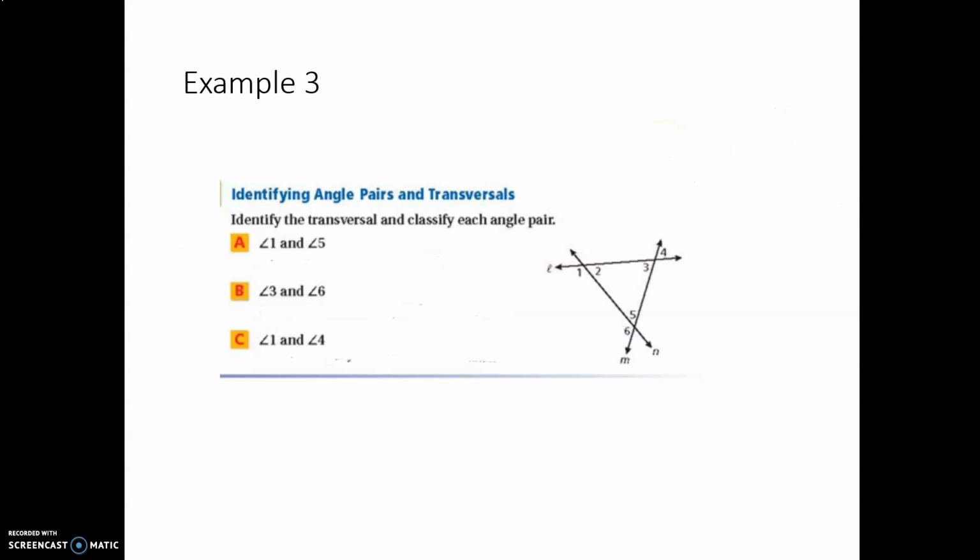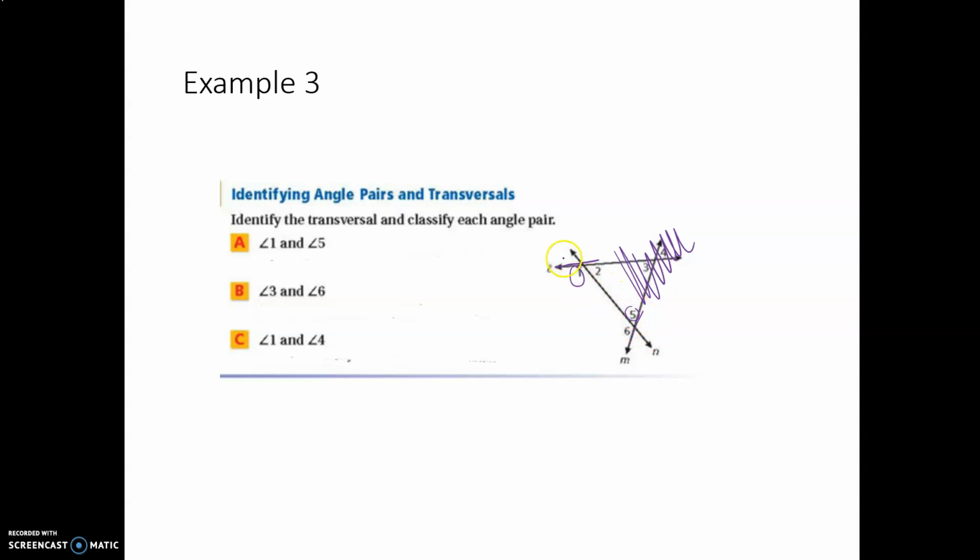Moving on. Now this one, it's kind of hard for me to show you here, but usually when I teach this in class, I always say identify the transversal first by covering up what you don't need. So if you're just looking at angle 1 and angle 5, you don't need all this stuff over here. Cover it up with your hand. And then you'll see your two lines cut by your transversal.